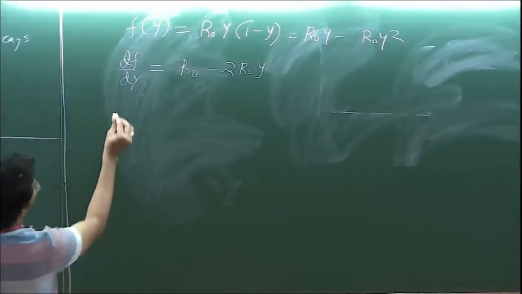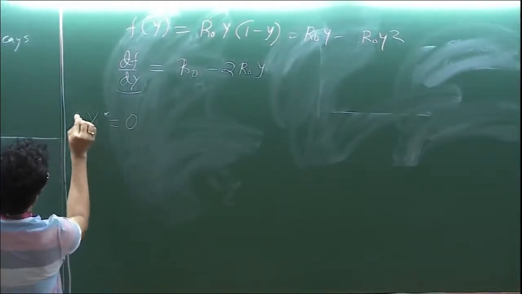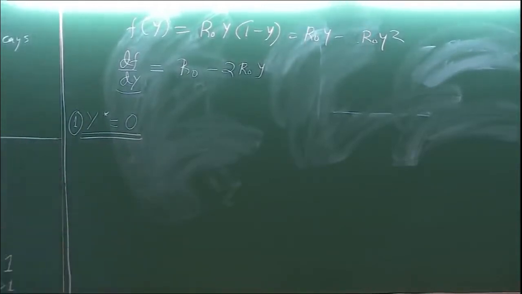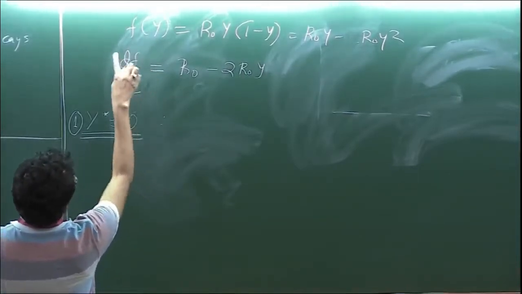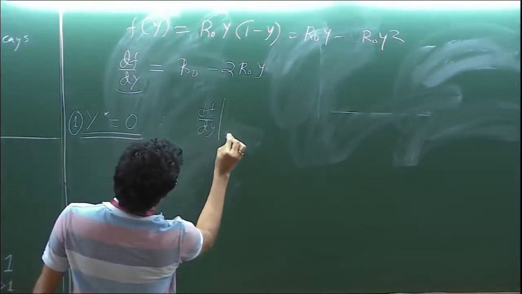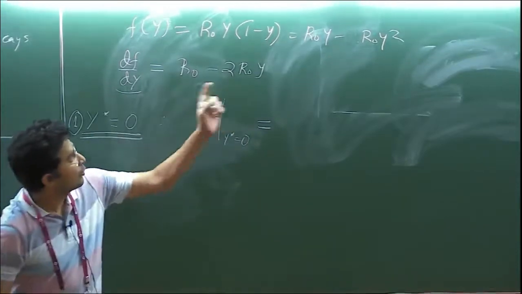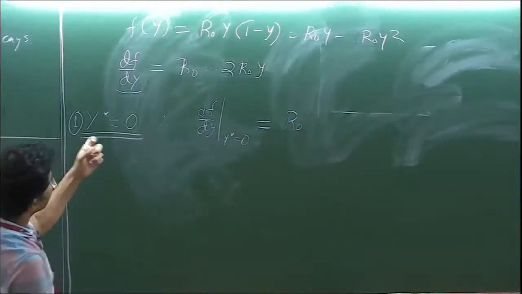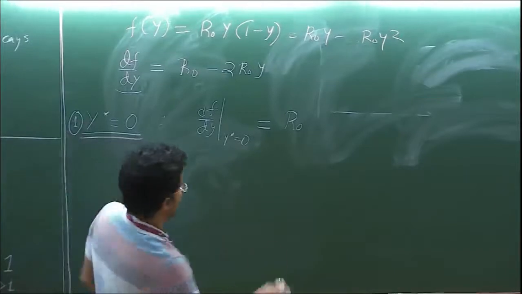Now I need to evaluate this for the two equilibria. Let us consider the equilibrium y equal to 0. This is basically a no-population equilibrium. If I put y equal to 0, what do I get? R0. If I want this to be stable, this has to be less than 1.